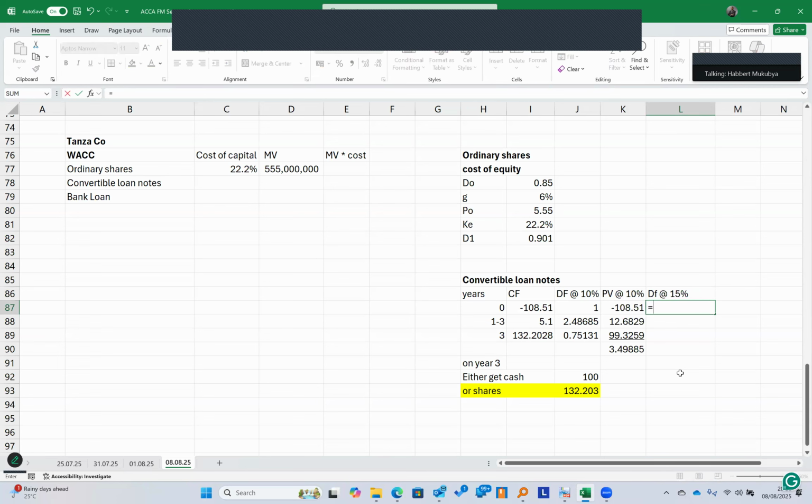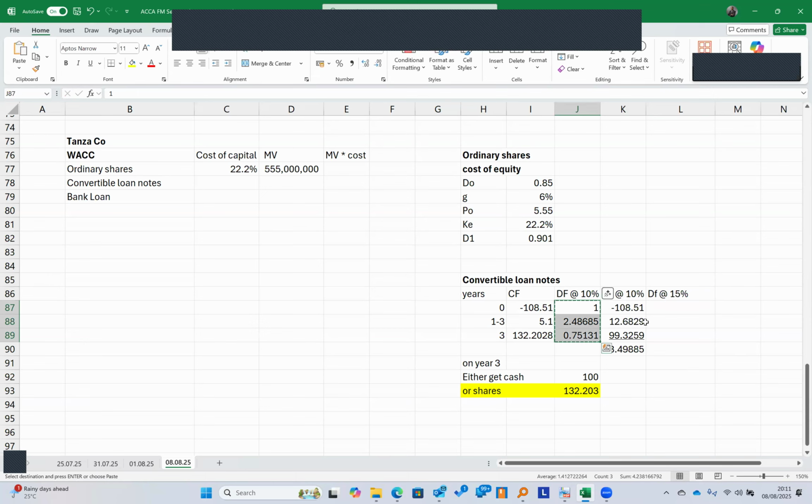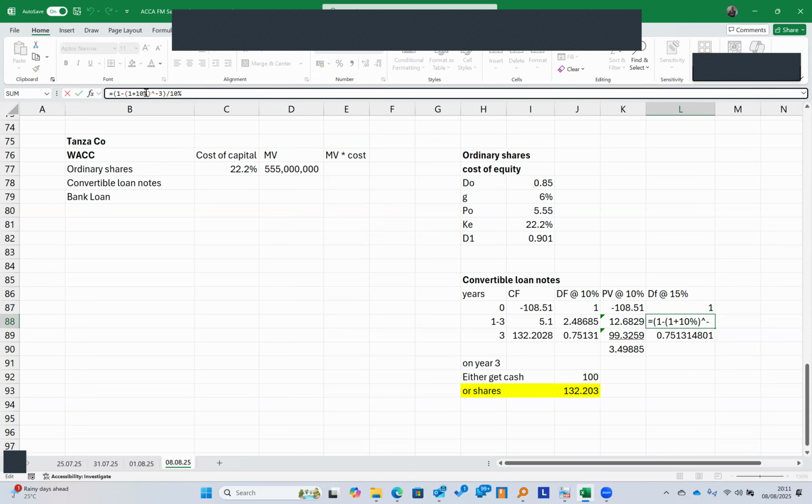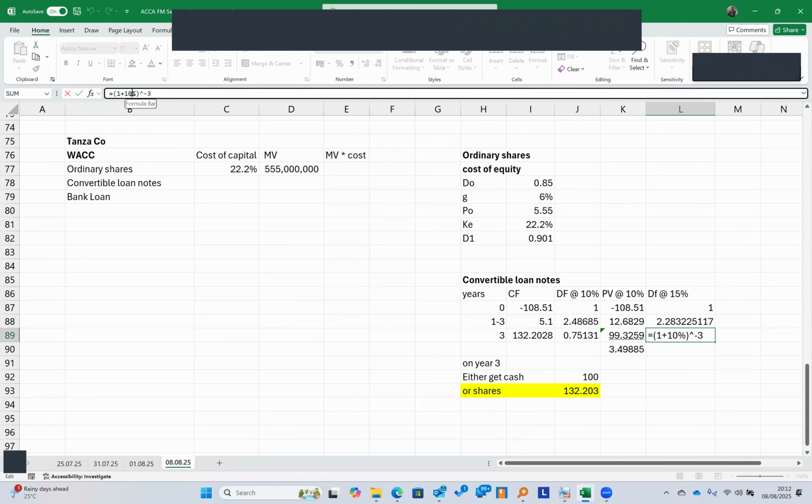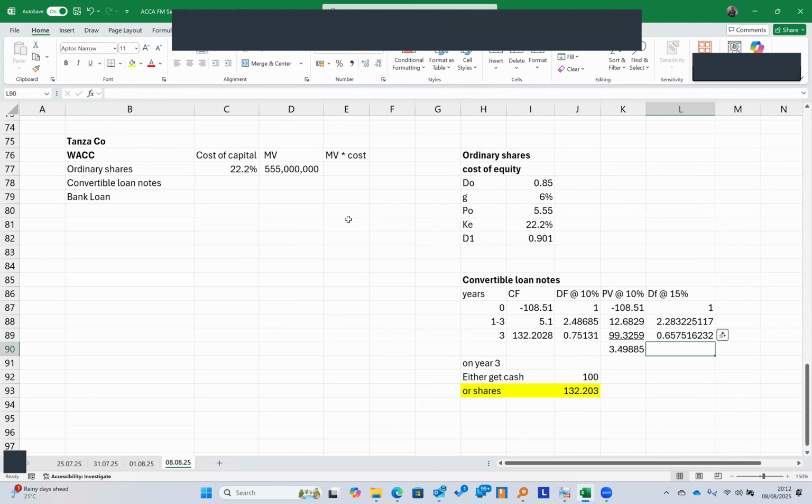So at 15%, we are just going to copy these and change this to 15%. Then you have present value at 15%, which gives us a negative.